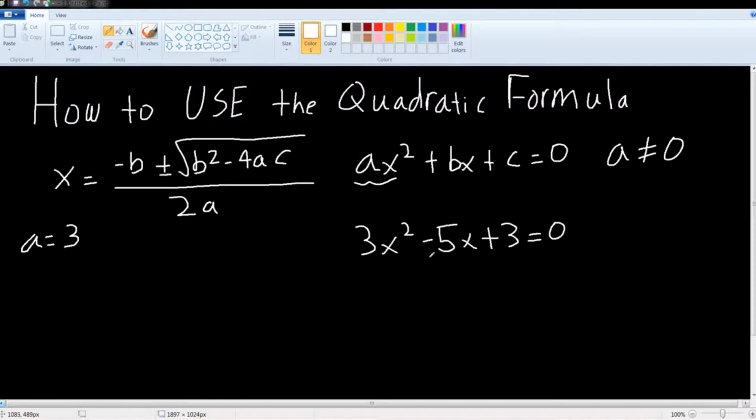Now here's a little bit tricky part. You see the minus 5x, but I'm telling you to put it into a plus bx form. So to make things easier, you could think of minus 5x as the same thing as saying plus minus 5x. So as you can see, the coefficient would be negative 5. So b would be negative 5. C would just be 3.